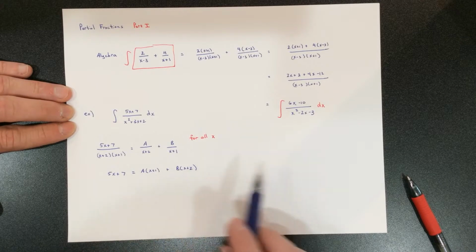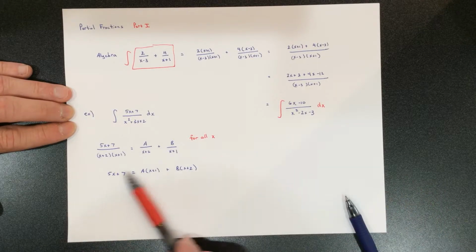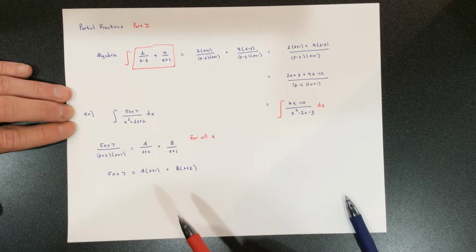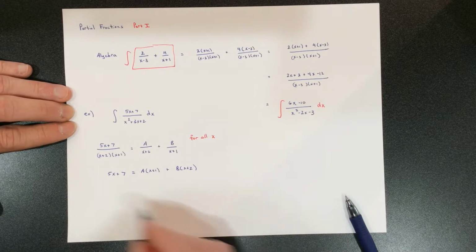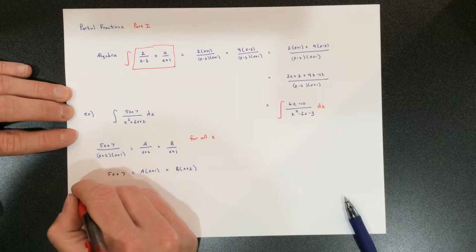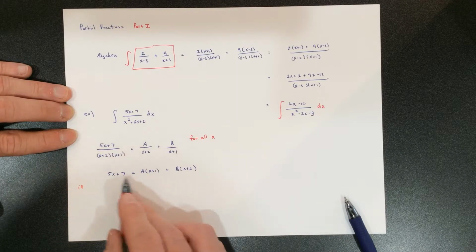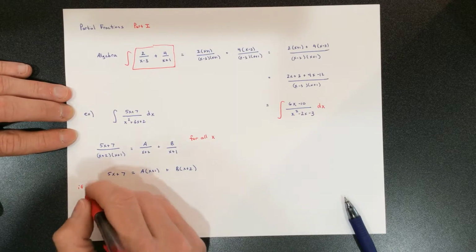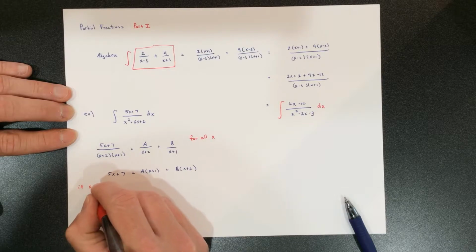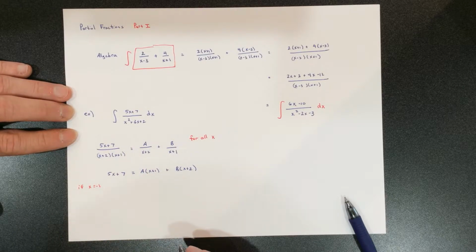But now I have this. And remember, this statement is equivalent to this statement, and this has to be true for all x. So let's just pick an x value. Think about what's the easiest x value to pick if we want to solve this. Well, we might as well pick x equals negative 1, and you're going to see why in a second.